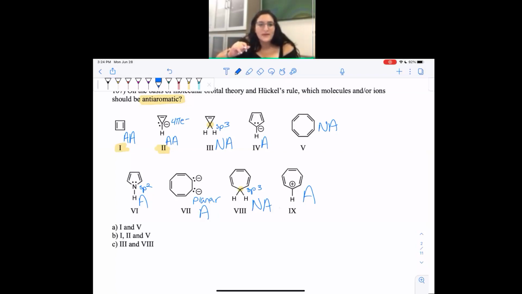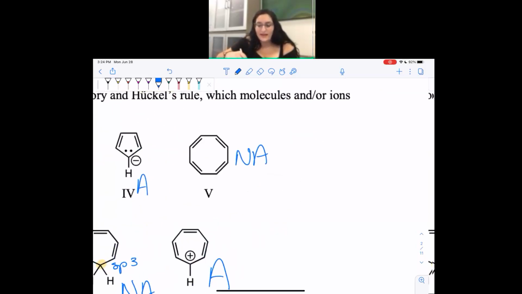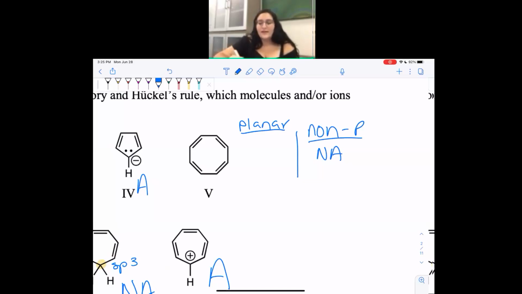Then someone asked, could I explain 5? So yes, I can. We know that this guy can either be planar, staying on the plane, flat, and it's going to be a little bit unstable if it does that. But if staying flat allows it to be aromatic, it chooses to deal with the ring strain. If it's non-planar, it automatically has to be non-aromatic. These kinds of rings like to bend out of the plane and be non-aromatic. But as I said, if being planar allows it to be aromatic, it chooses to be planar.